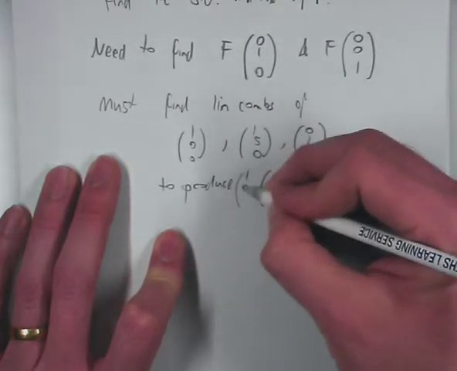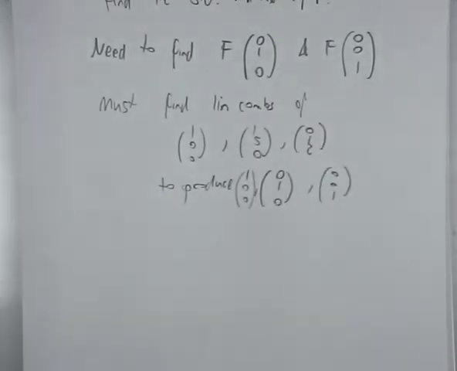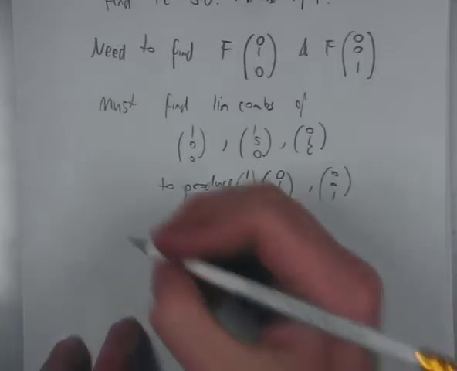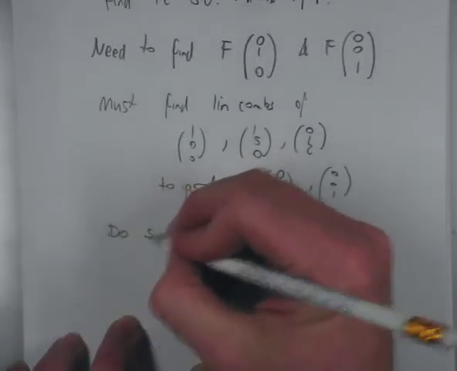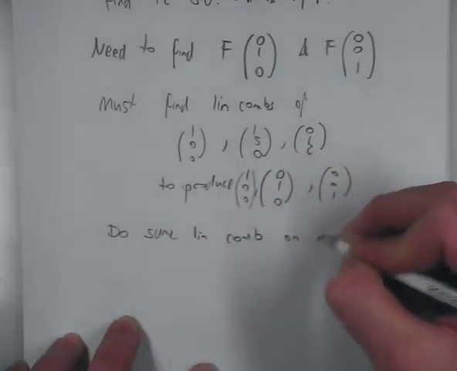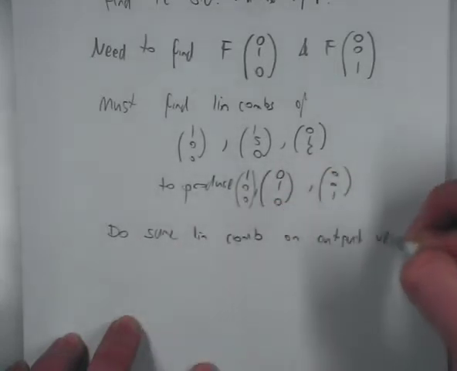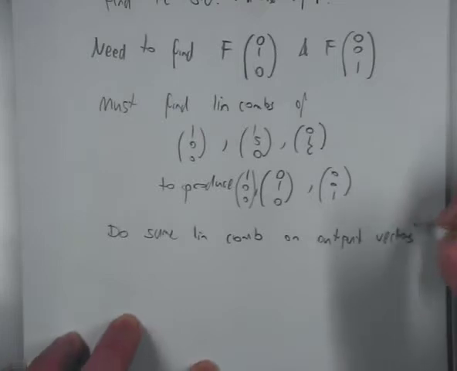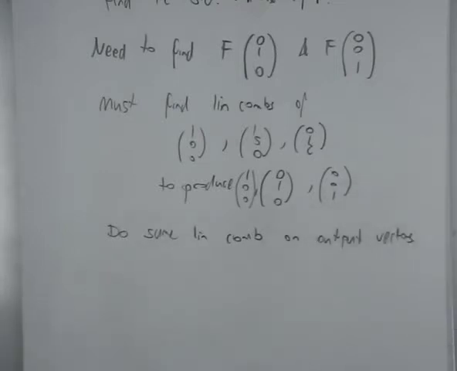And technically 1, 0, 0 as well, but we've already got that one, just for completeness' sake. So linear combinations are just multiplying by stuff and adding stuff together. And we need to do the same linear combination on the output vectors.